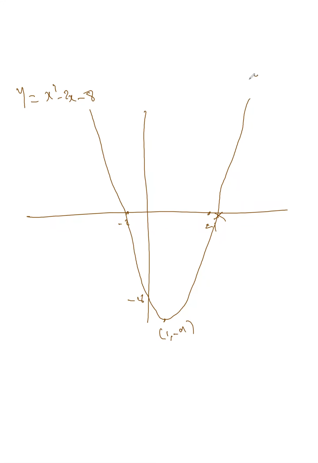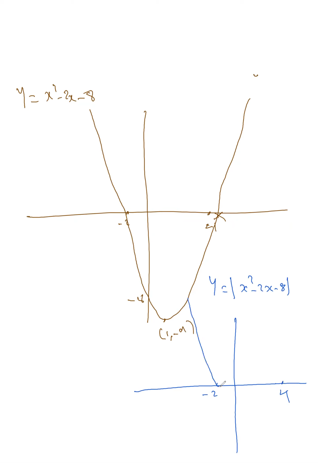But if we say y, I'll take another color, y equals the absolute value of x squared minus 2x minus 8, the graph will be like this. Everyone focus now. Here is negative 2 and here is 4, and this part is fine, nobody touched it, and this part nobody touched it either, but the part under the x-axis, which is negative, will move from negative 8 to positive 8, because this is an absolute value.